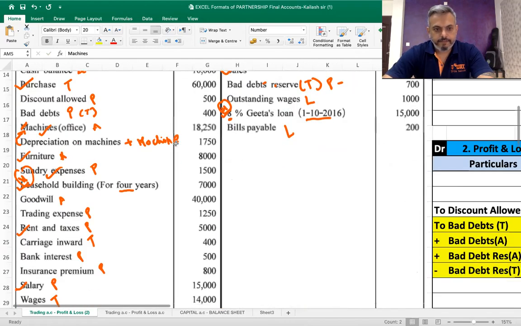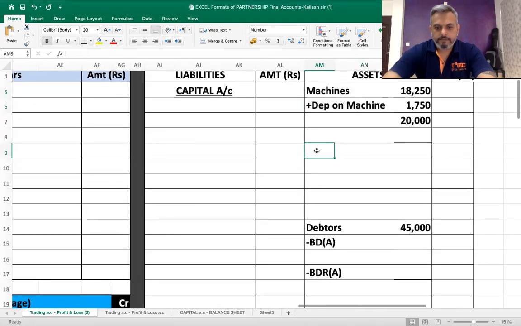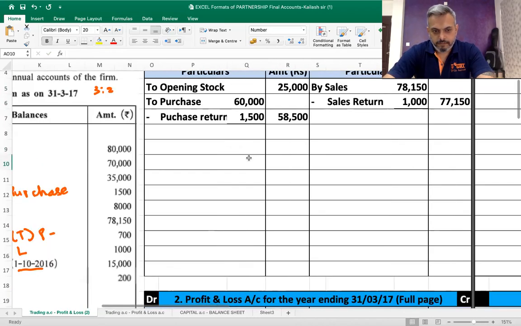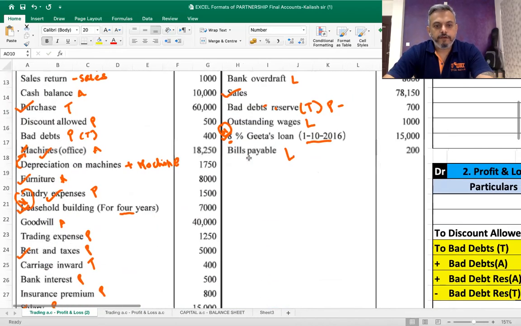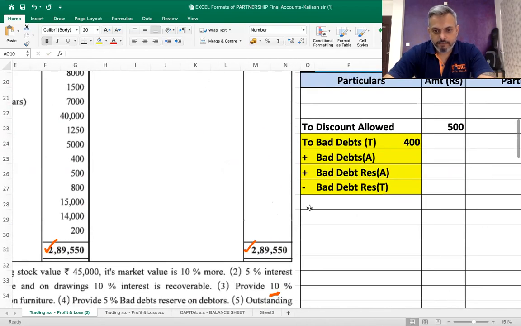Next, furniture 8,000. Inner column. Sundry expense 1,500. Inner column profit and loss account.